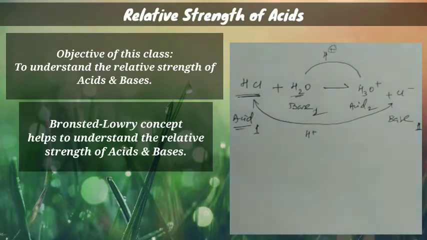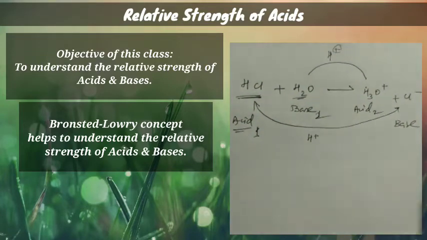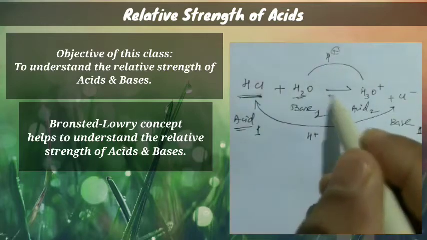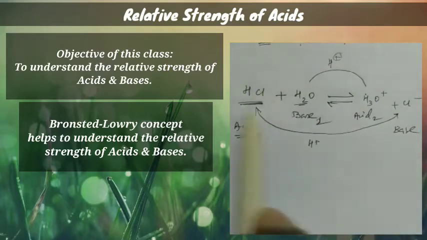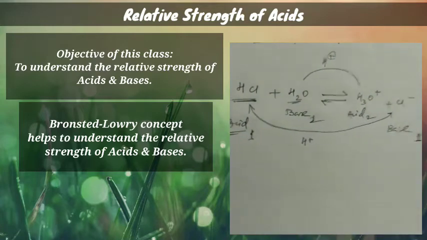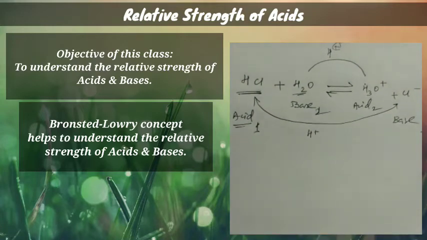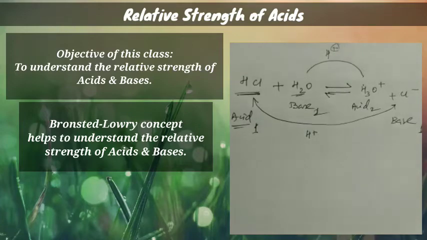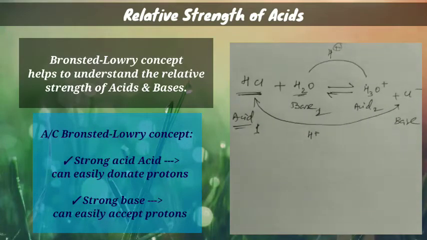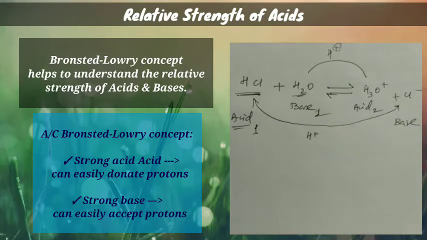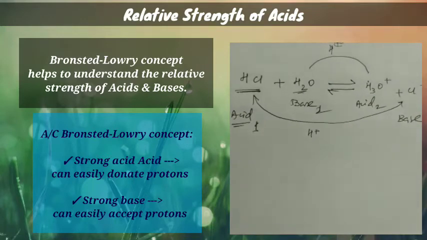Now, interestingly, we know that the strength of an acid or the strength of a base depends upon how fast it will generate that proton. Acid strength depends upon what?